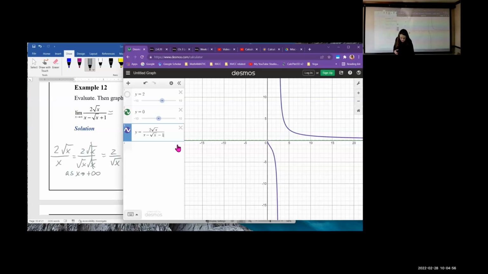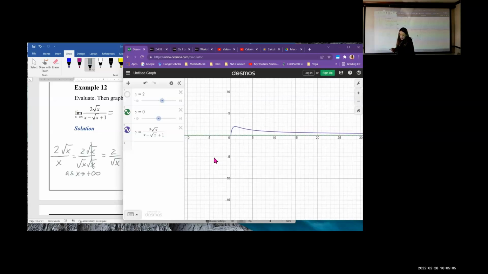Did I do that right? Oh, no, it's +1. Now, did I do it right? Okay. Notice something about the graph.